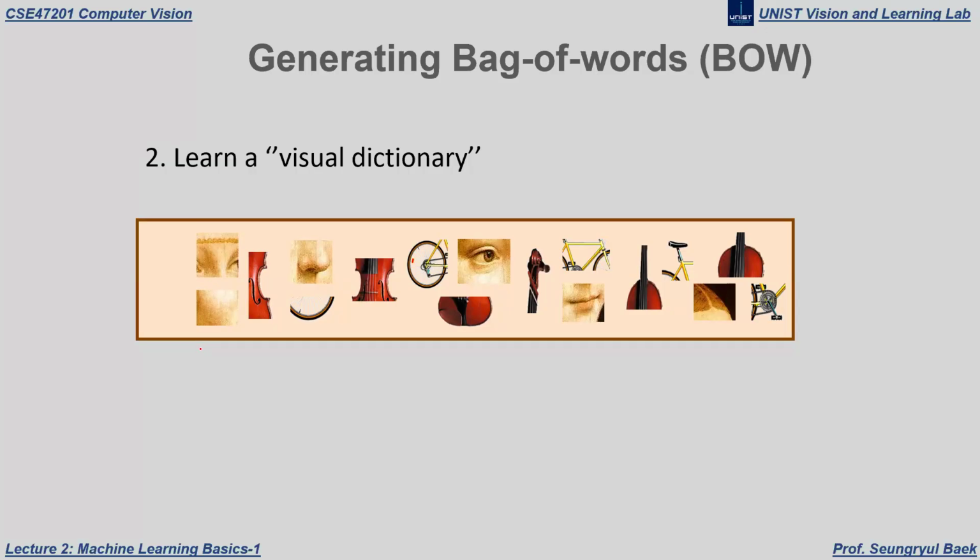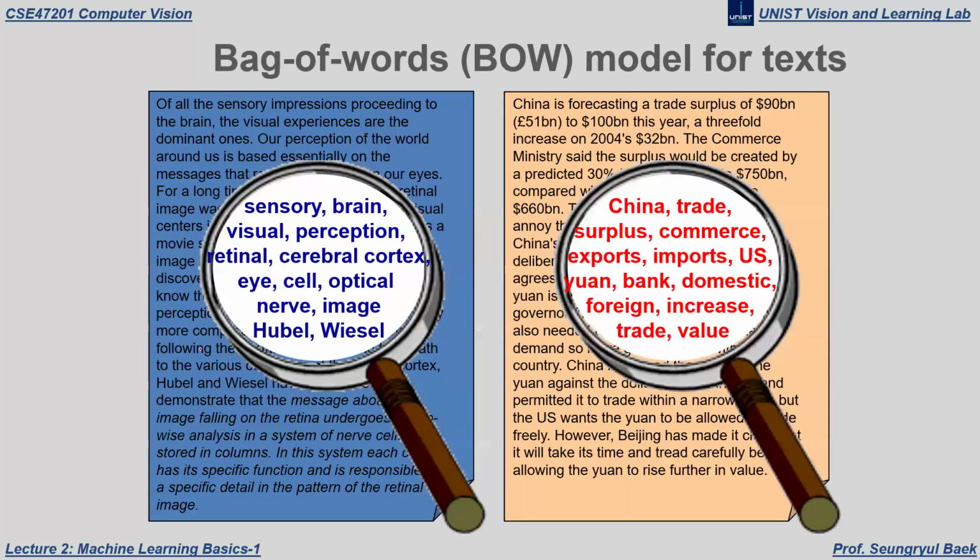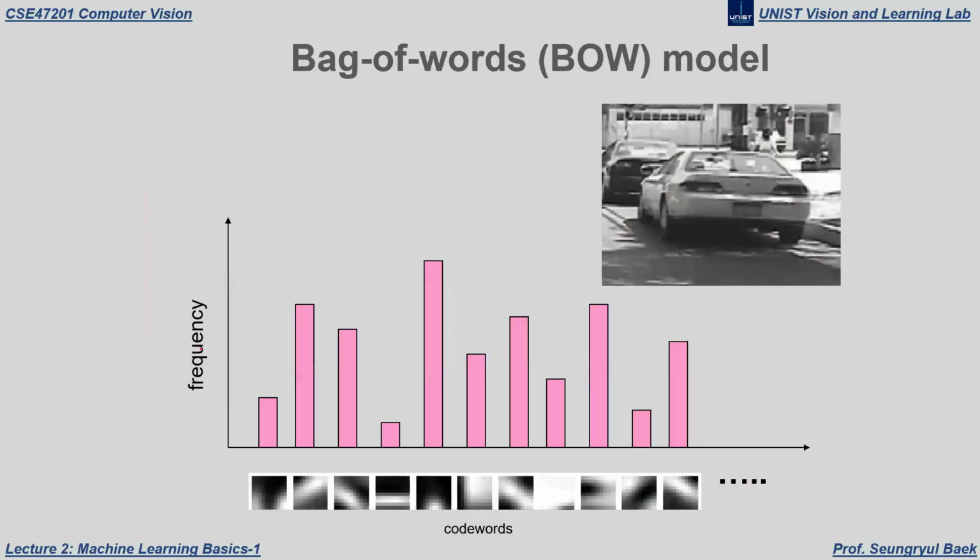Are you guys understanding? By clustering all the features extracted from the training images, we can generate the visual words that look like this. Are you guys understanding? Okay.